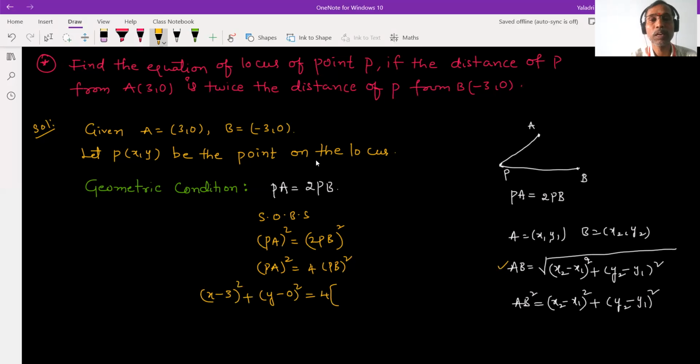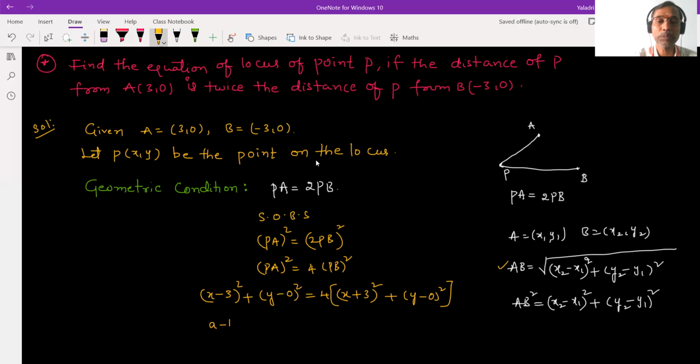Now this, so x minus of minus 3. Already the minus is in the formula, so that minus and this, that is plus 3 whole square, plus (y minus 0) whole square. Now simplify. You should expand. What is (a minus b) whole square?